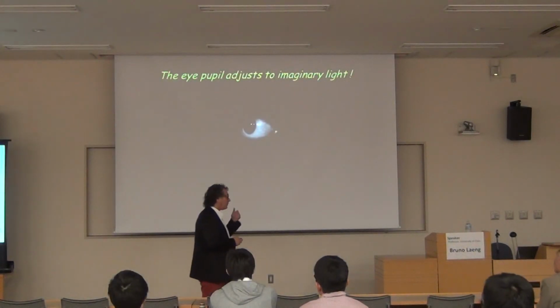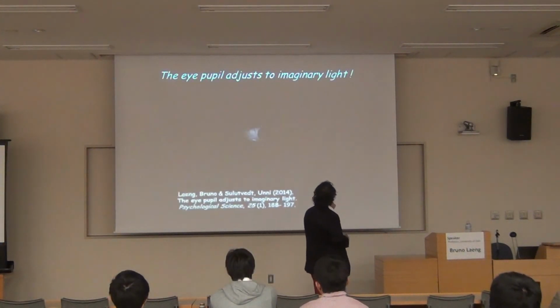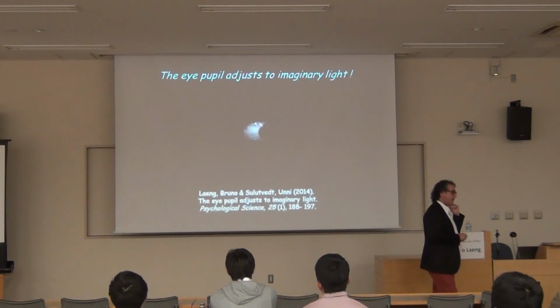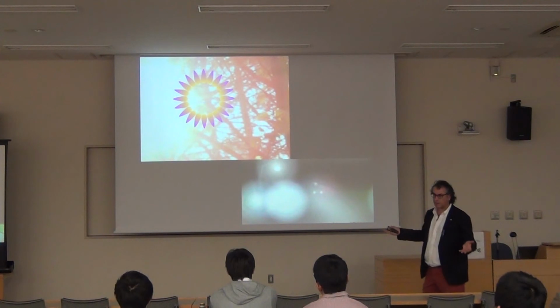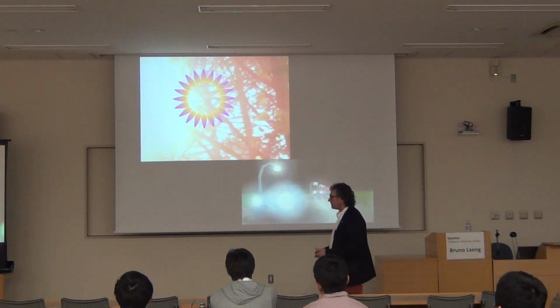So, bottom line is that, yes, the eye pupil adjusts also to imaginary light, not just illusory light, also light that is simply not there, that does not exist at all.